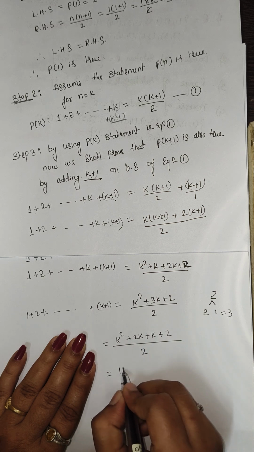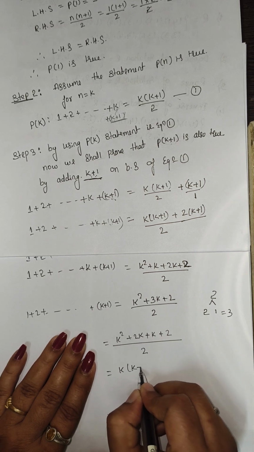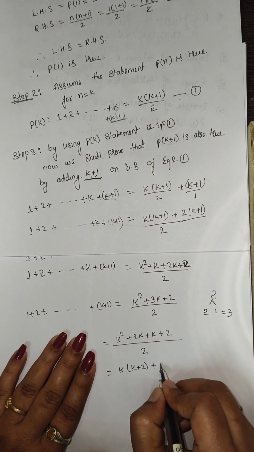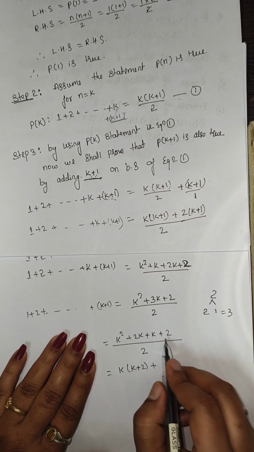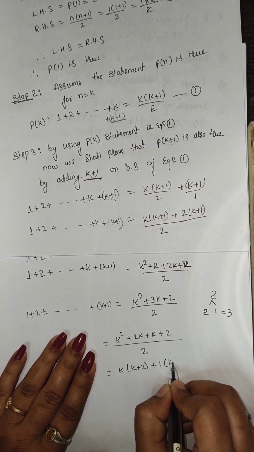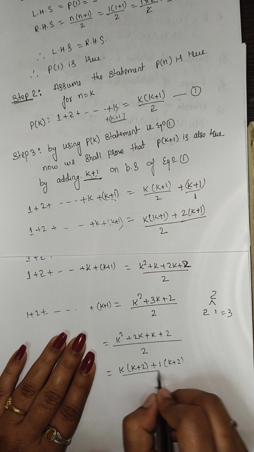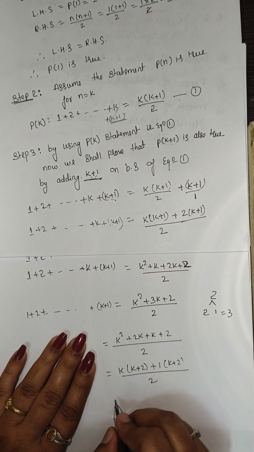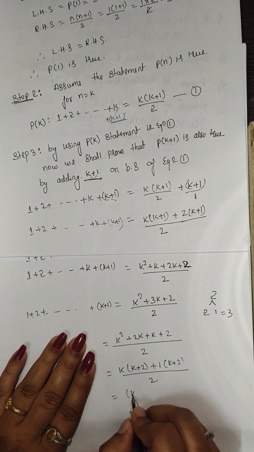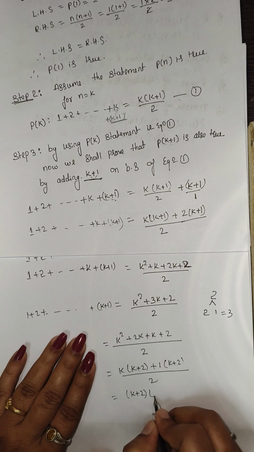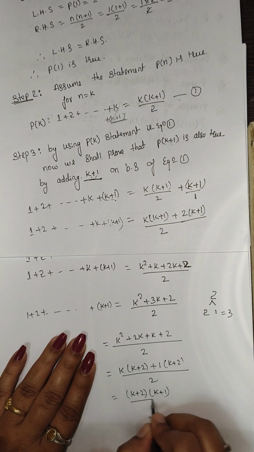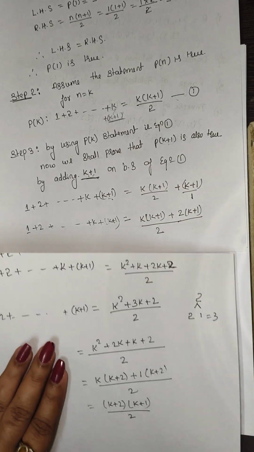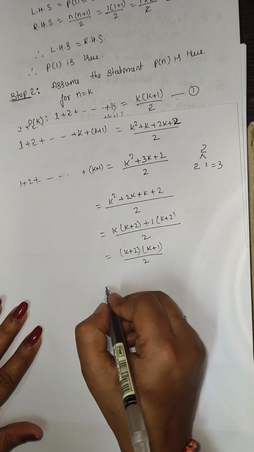Take k common in the first two terms: k into k plus 2. In the last two terms, take 1 common because nothing else is common there. Again k plus 2 is common. So k plus 2 into k plus 1, divided by 2. Now see here, the left hand side is 1 plus 2 up to k plus 1.